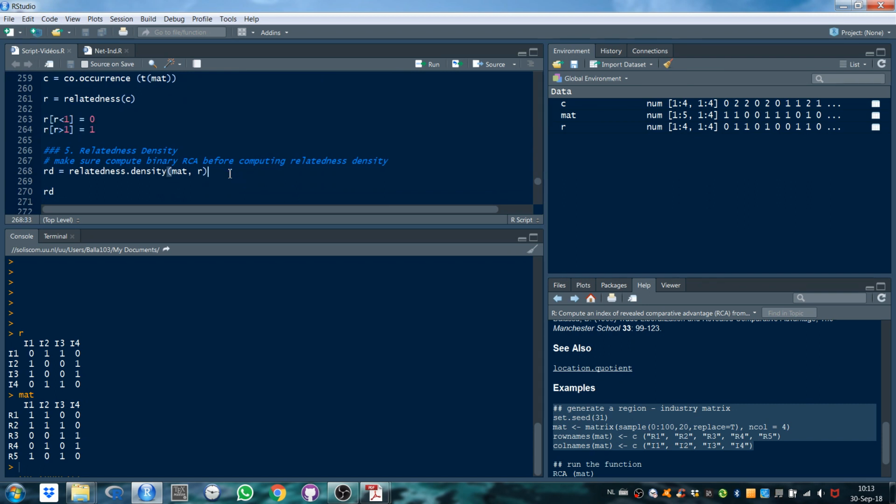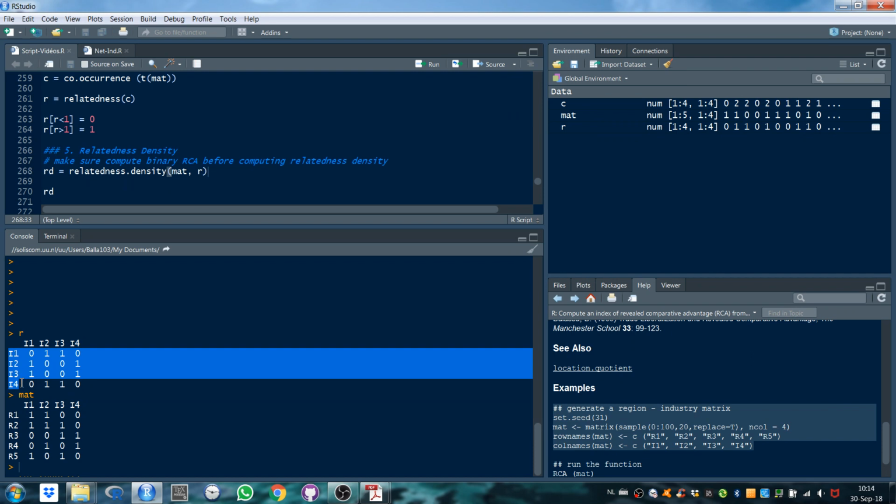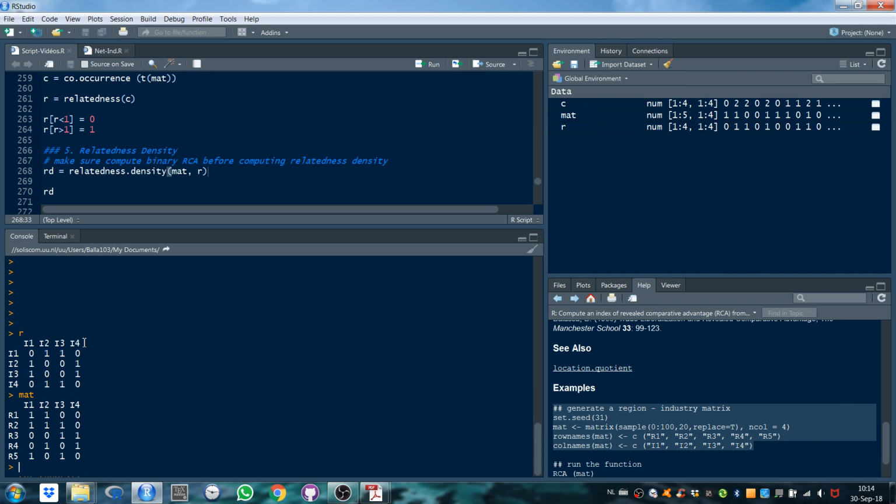The first thing we're going to do is compute relatedness density. What we're looking for is whether industries that are related to Industry 2, for instance, are present in Region 1 or not. And this is the tricky part: we're moving from the relatedness between entities, where you have a matrix with exactly the same dimension, 4 by 4, into a relatedness between regions and industries.